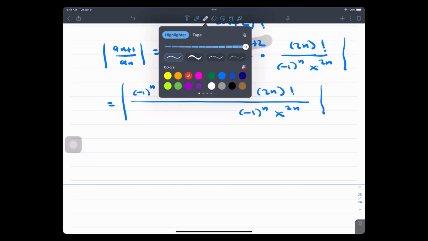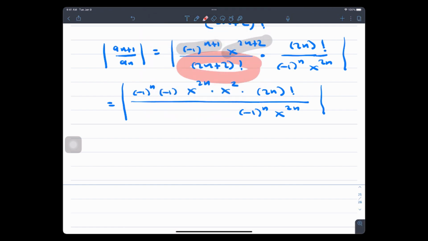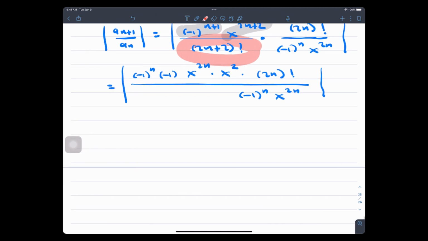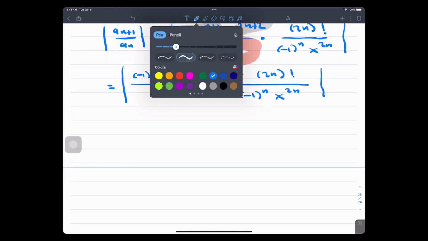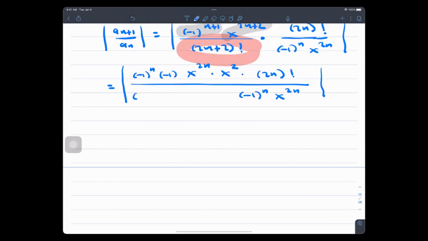But what happens down here? What do you guys think happens there? Anyone know? What's the definition of factorial? What do we just get through? Start with the number 2n plus 2 and subtract 1, count backwards.